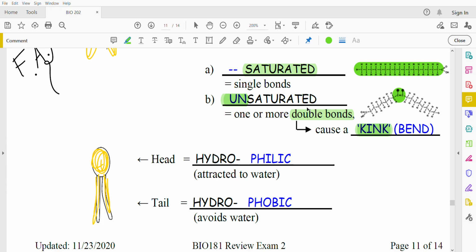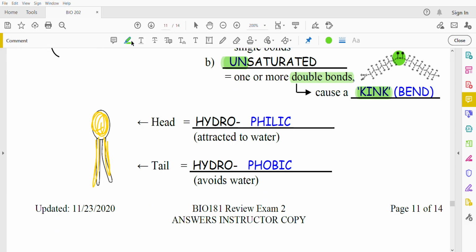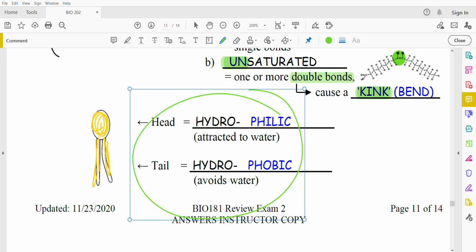So we've already discussed the hydrophobic and hydrophilic ends of a phospholipid. Hydrophilic, the heads, attracted to the water. Hydrophobic, the tails, avoided the water.